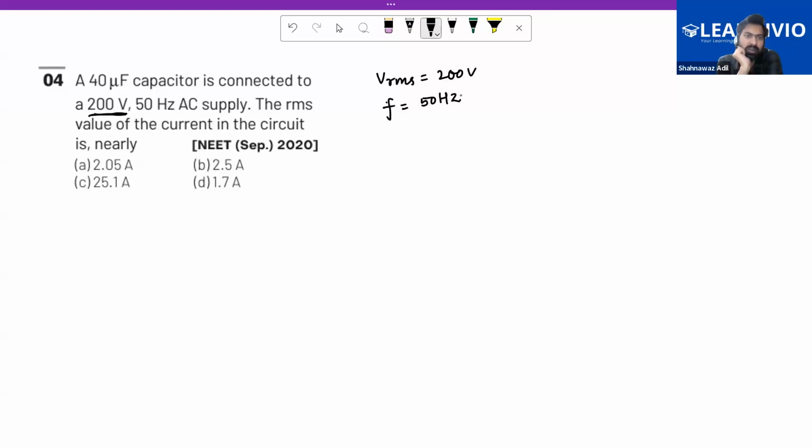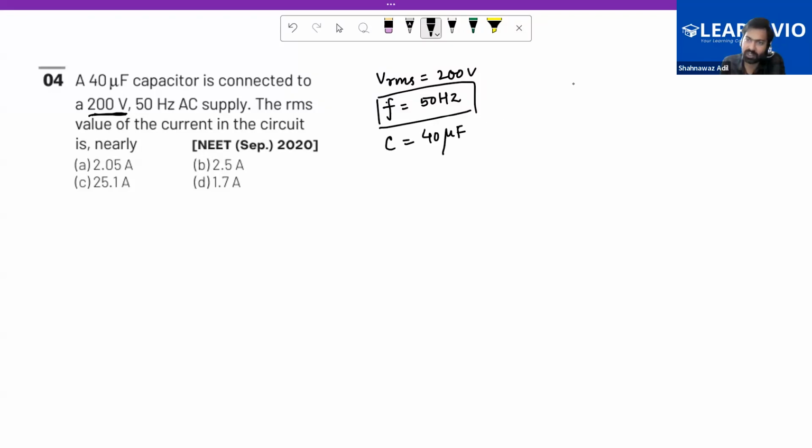A 40 microfarad capacitor is connected to this AC supply, right? And then we have this VRMS, and then we have this frequency given, and from this thing, what we can calculate, we have capacitance given, that is 40 microfarad.